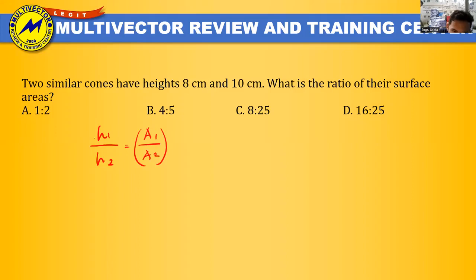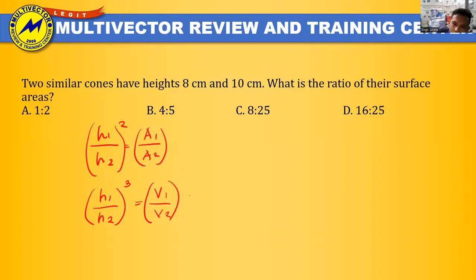With respect to volume naman, H1 all over H2 cubed is equals to the ratio of their corresponding volume, V1 all over V2.